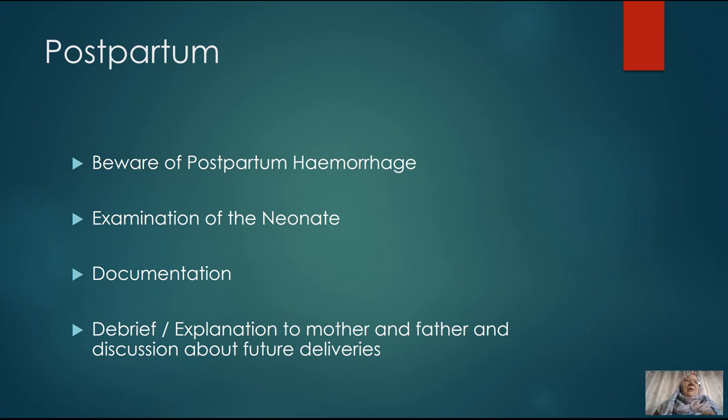So if you have documented the shoulder dystocia, who you called for help, who arrived, and everything with minutes documented, then you can show it was managed properly, but unfortunately still had terrible sequelae.